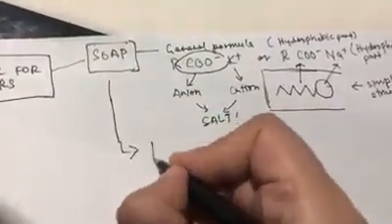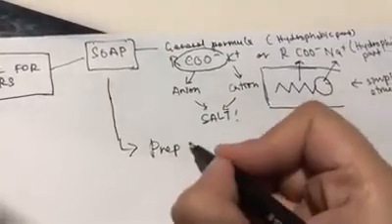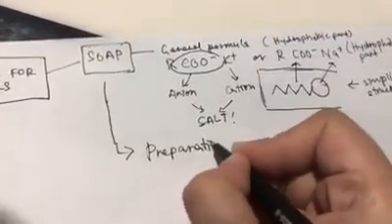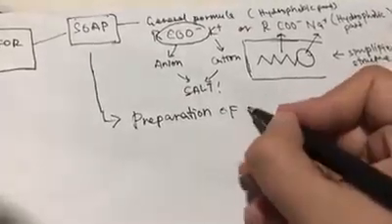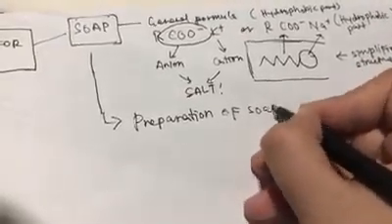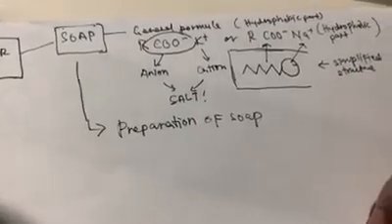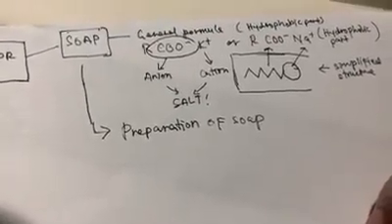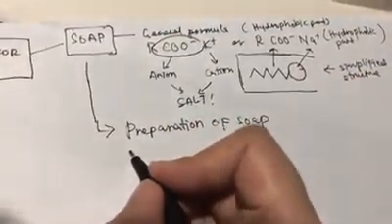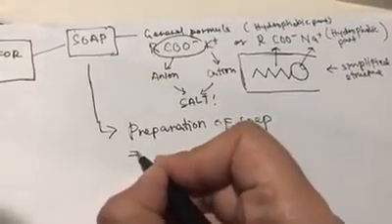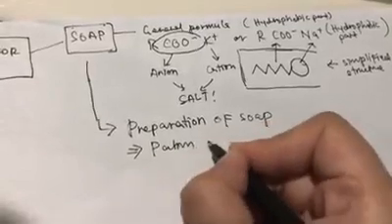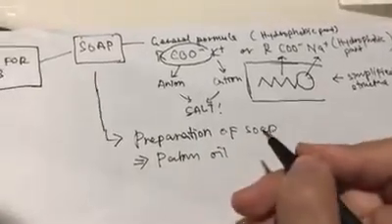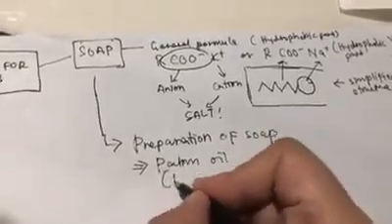cleanser. Okay, so now let's look into how we can prepare a soap. This process is also known as saponification. Okay, let's take for example palm oil. This is basic oil that we see every day.